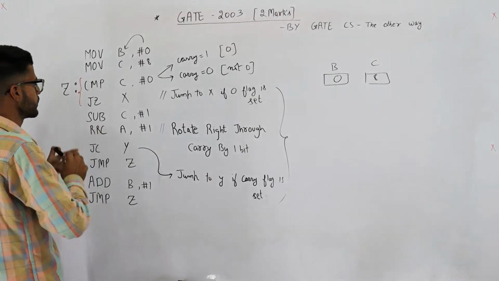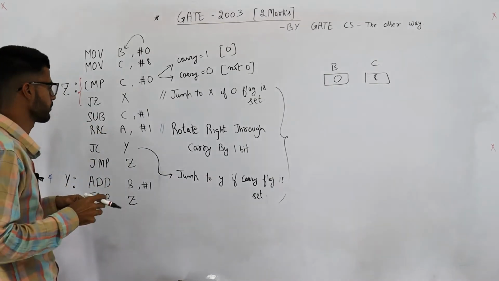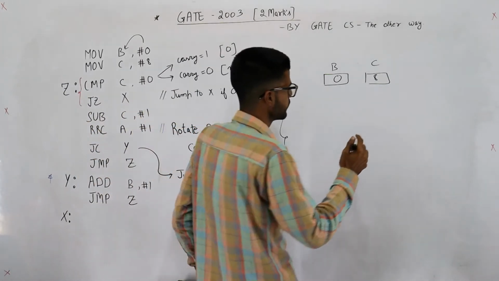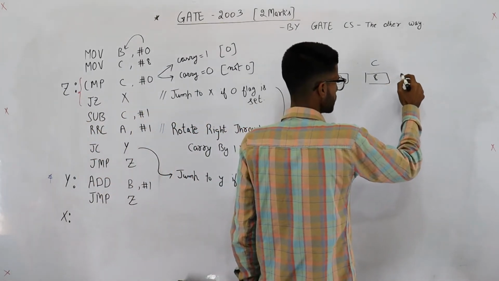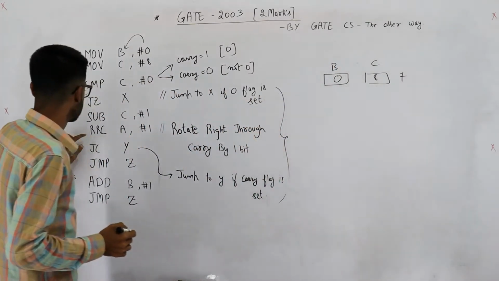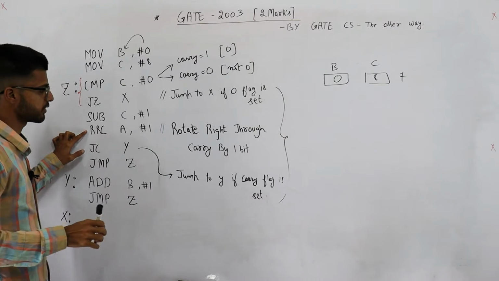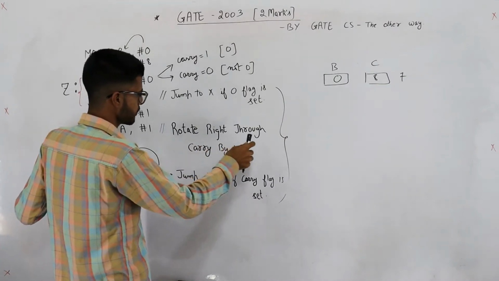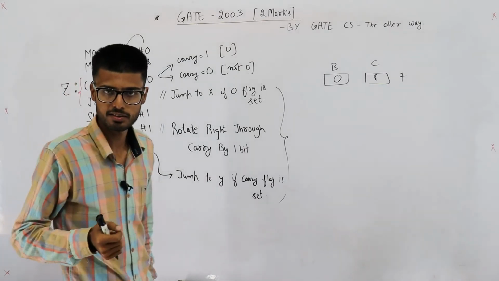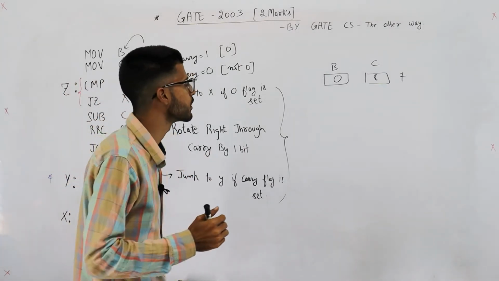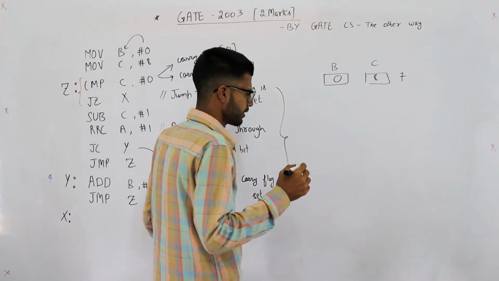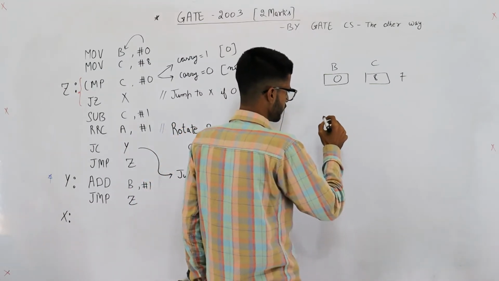And the next one is SUB C, 1. Sub means subtract. C, 1 means subtract 1 from C. This value now becomes 7. Next one is RRC. They have given the meaning of RRC: rotate right through carry by 1 bit. That means it's a rotate right instruction, but we also need to include the carry. RRC A. And they have given the initial value of A to be A0.